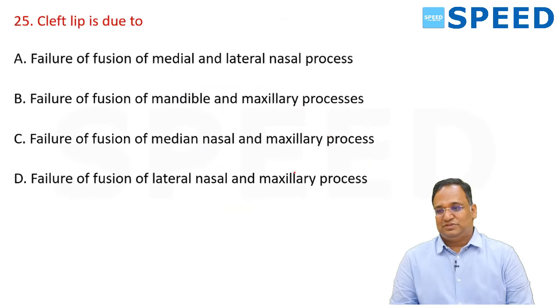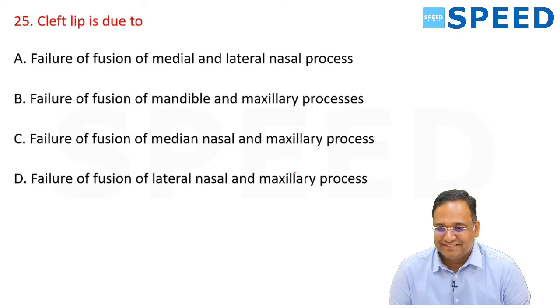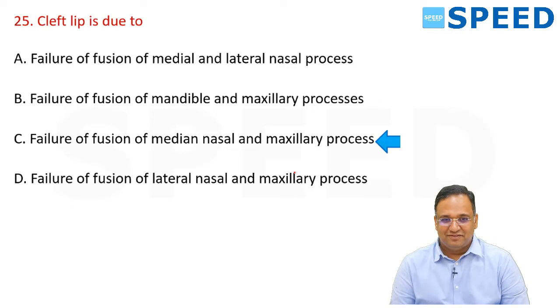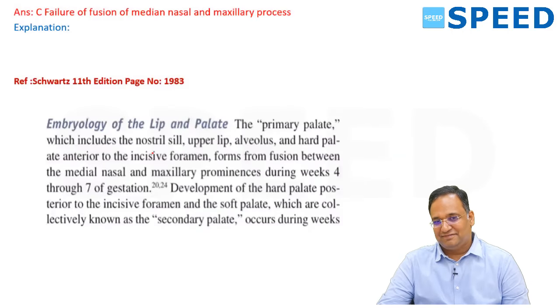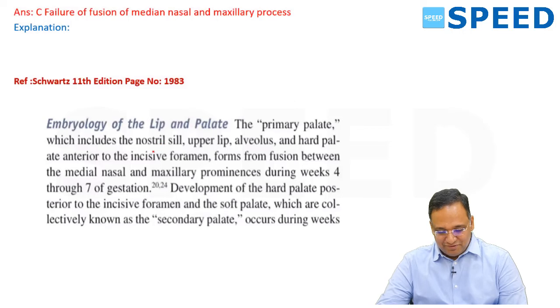Cleft lip is due to, this is a very primary question, a factual question. Failure of fusion of median nasal and maxillary process. This is available again in Bailey and Love, but for people to show some percentage of questions from Schwartz, I am mentioning it.